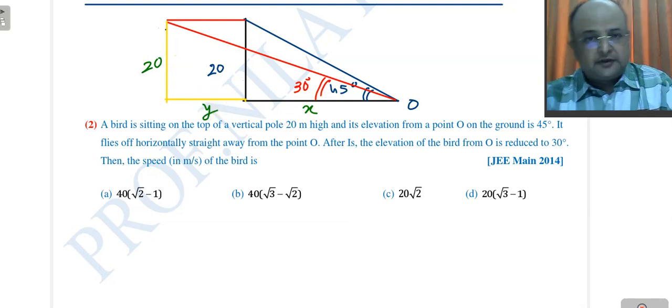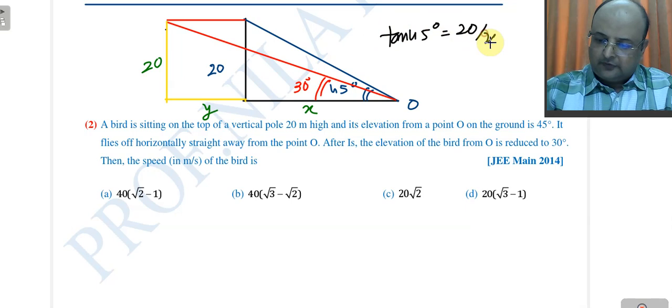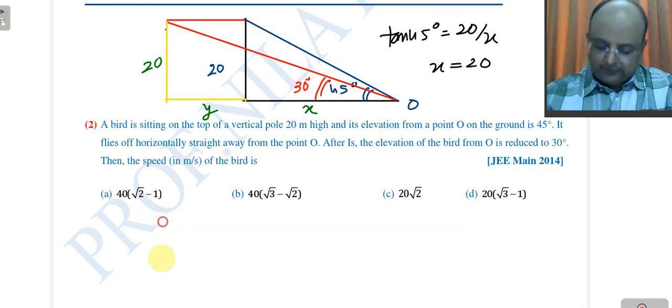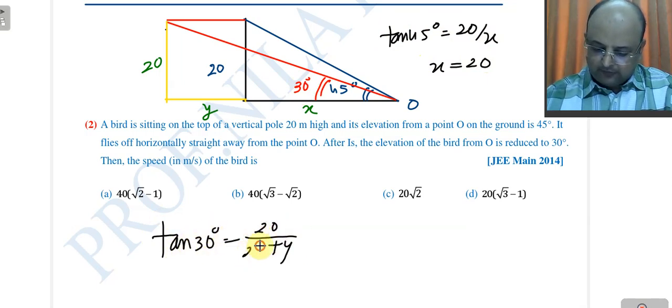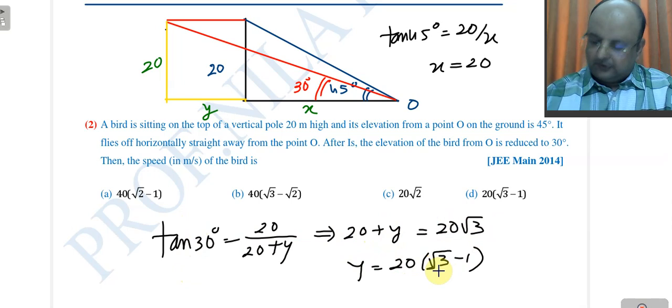You can immediately tell me, for this right angle triangle, your tan 45 degree is 20 upon x. So your x equals 20, as your tan 45 is 1. What is tan 30 degree? Tan 30 degree is 20 upon x plus y. See, if you have noticed, I don't write x, I just write down 20. That implies tan 30 degree is 1 by root 3, that goes on right hand side, so that will be 20 root 3. This is 20 plus y, so y is 20 root 3 minus 20, 20 common, 20 into root 3 minus 1.